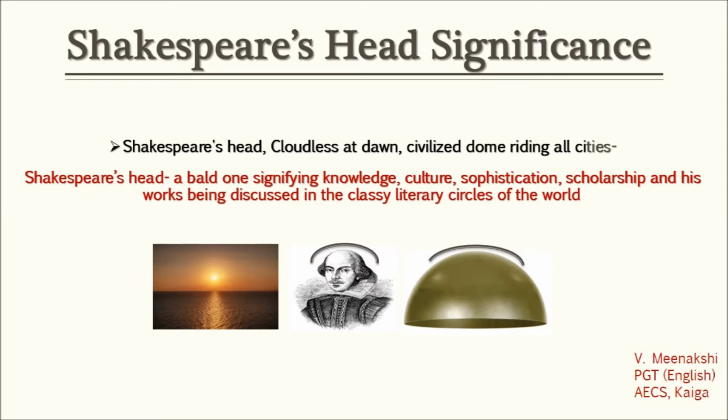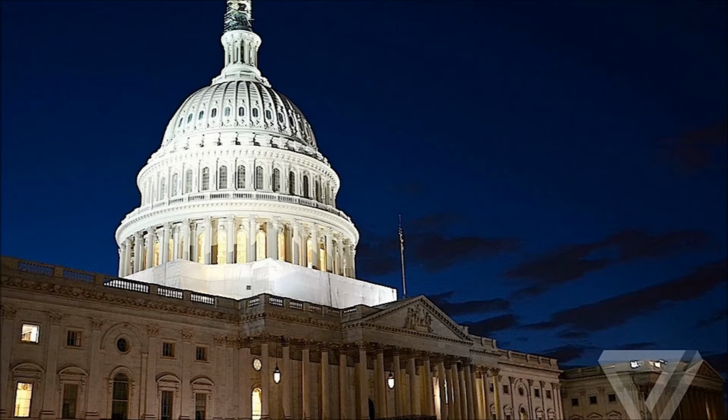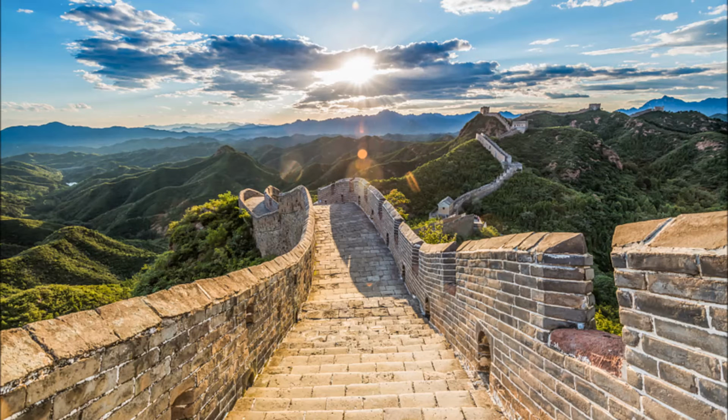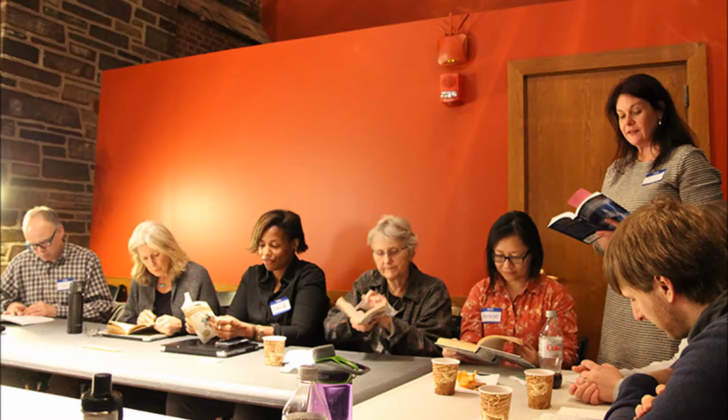Well, how is it civilized then? Domes are structures made post-civilization. Civilization is an advanced stage of social and cultural development. Reading Shakespeare or enjoying his plays is a mark of social and cultural sophistication. In that sense, reading Shakespeare or understanding his plays is done only by the educated, the elite, and the sophisticated folks of society.